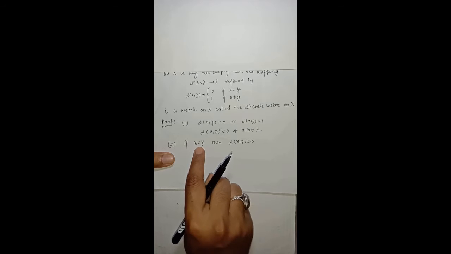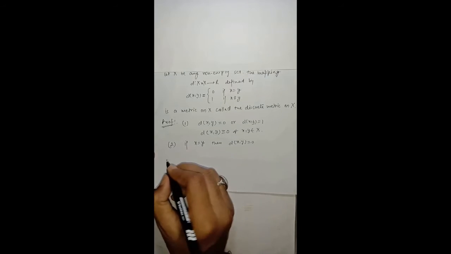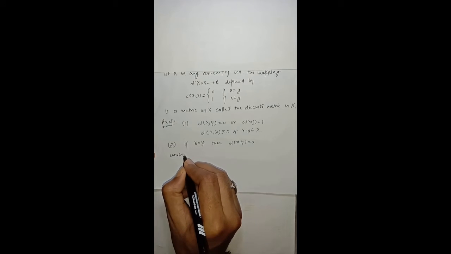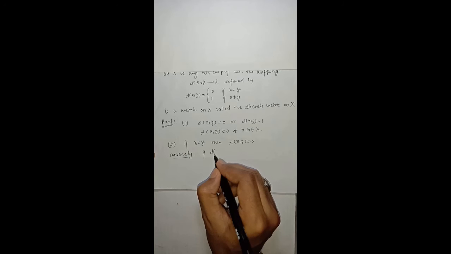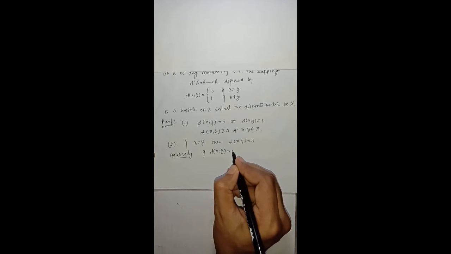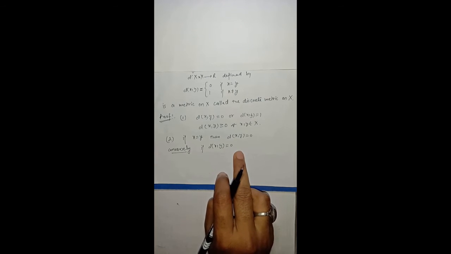Now conversely, if the distance between x and y is 0, then we must have x is equal to y.